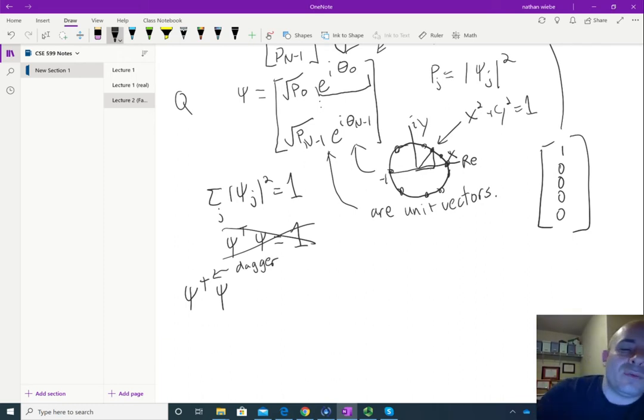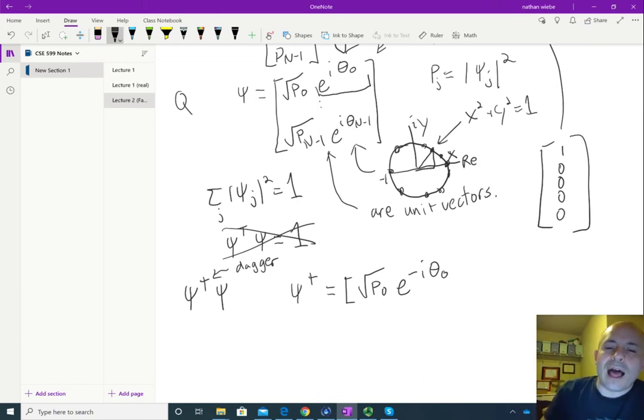Okay? And what this means is take the conjugate transpose. So for psi dagger, it will be its transpose. For this example of psi up here, it would be P0 e to the negative i theta, because, again, taking a complex conjugate causes the sign of i to flip.